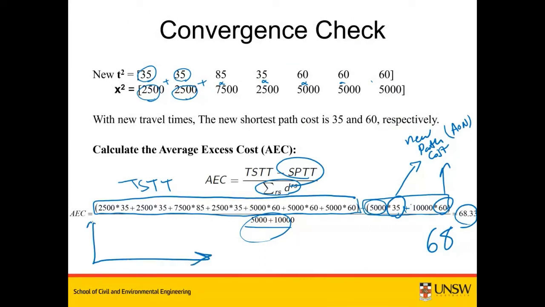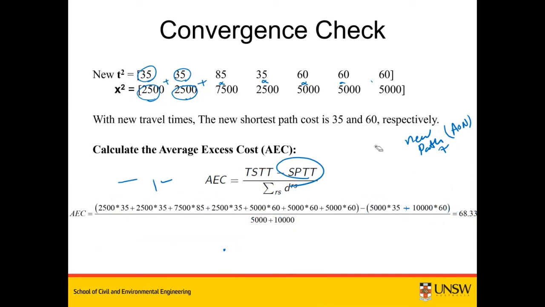If you look at AEC over the number of iterations, we don't necessarily smoothly come down. It may have some fluctuations. For example, it may go up, down, up, down, up, down, and then finally it gets close to zero. Okay, that's why. So don't be surprised if your AEC goes up in the second iteration. In the third iteration, we expect it to go down again.